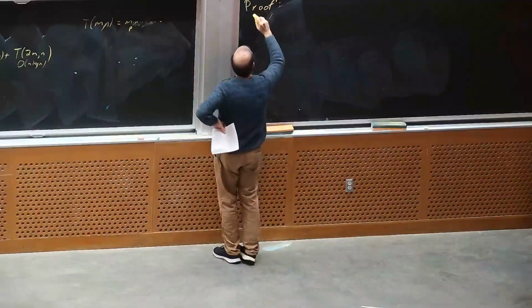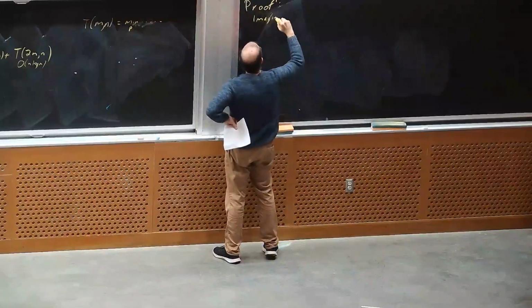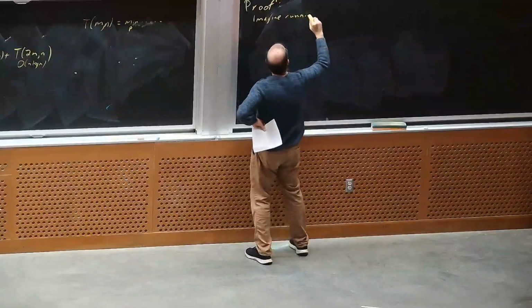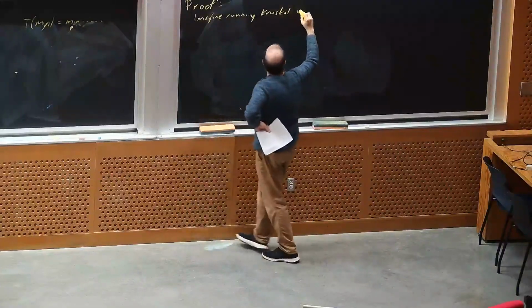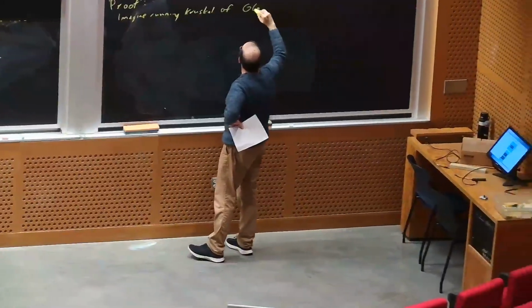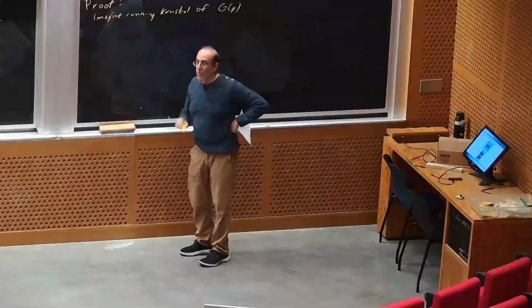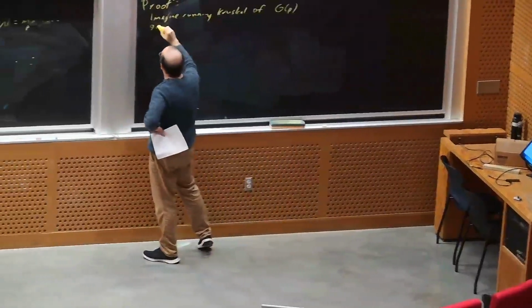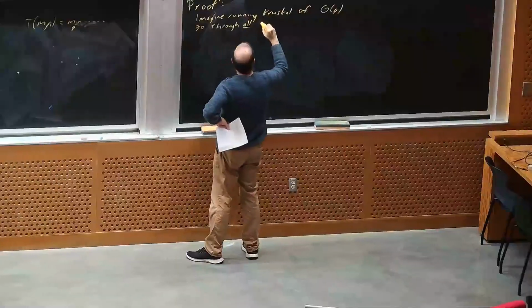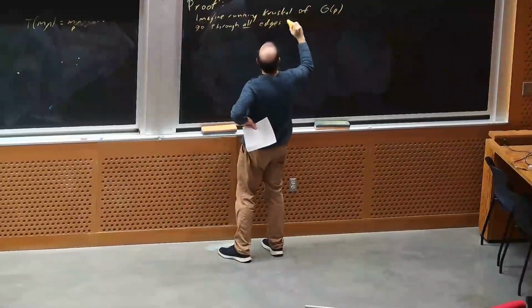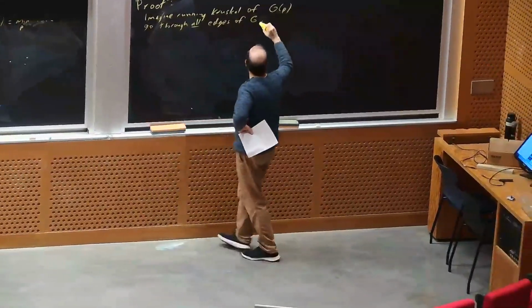So what we can do is imagine running Kruskal's algorithm on the sample, but in a weird way. We're going to go through all the edges of G, smallest to largest.